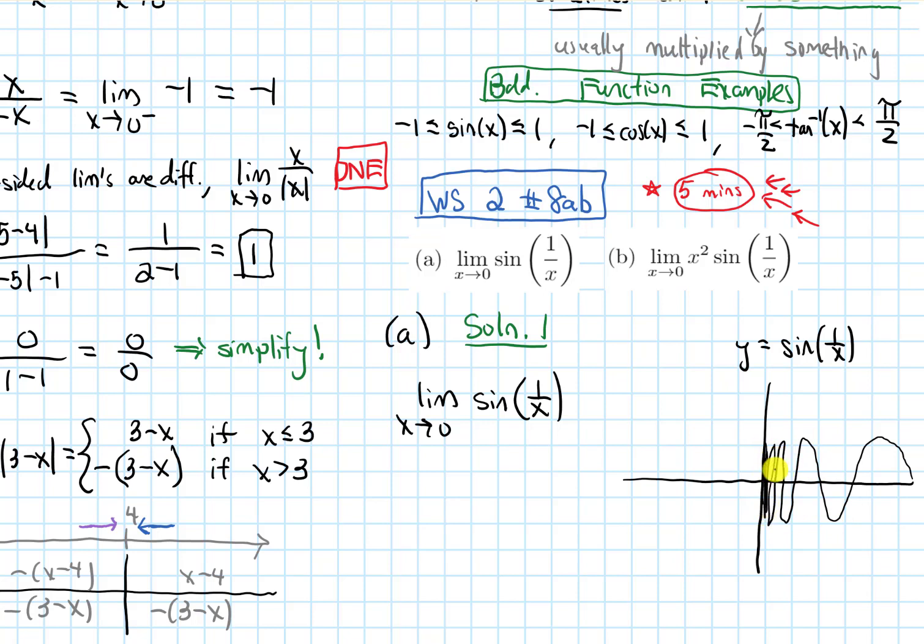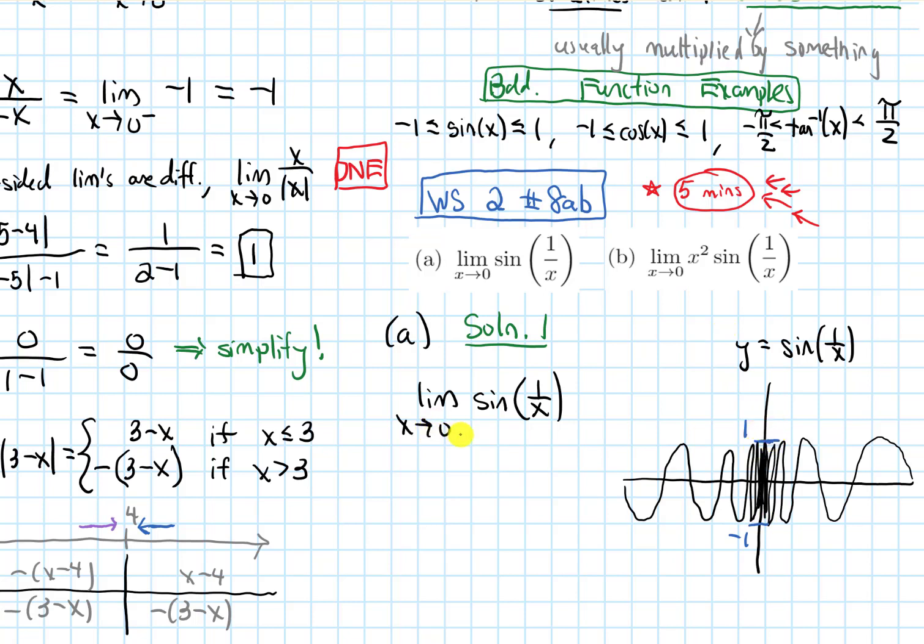The oscillation gets infinite as I get closer and closer to 0. Same thing in the negative direction. And just like the sine graph, the lowest it ever gets is negative 1 in the y direction. The highest it ever gets in the y direction is positive 1.